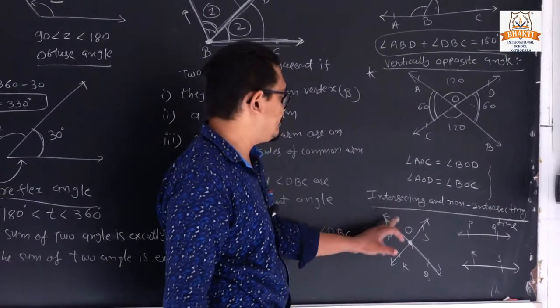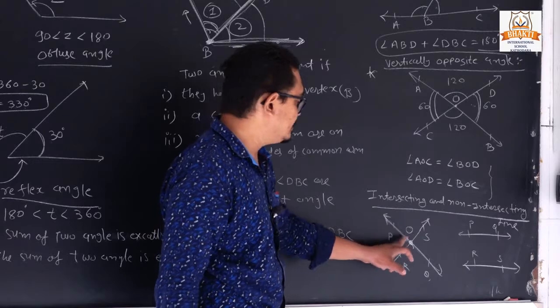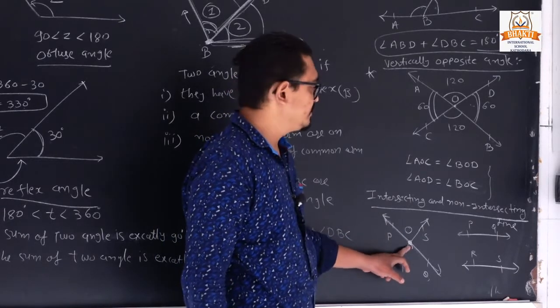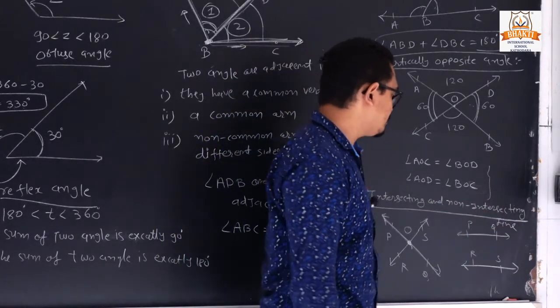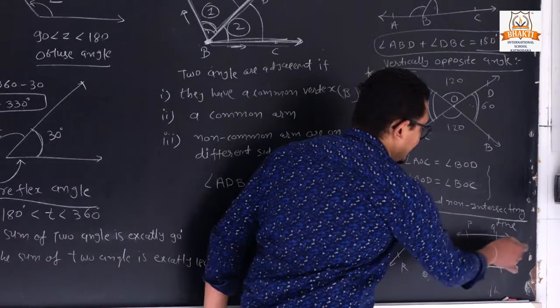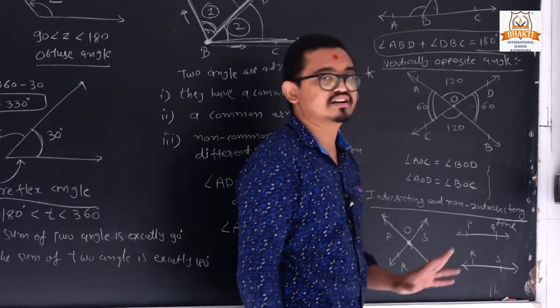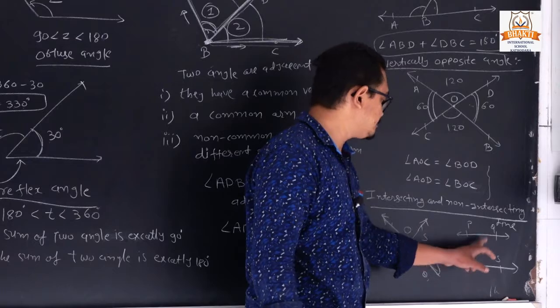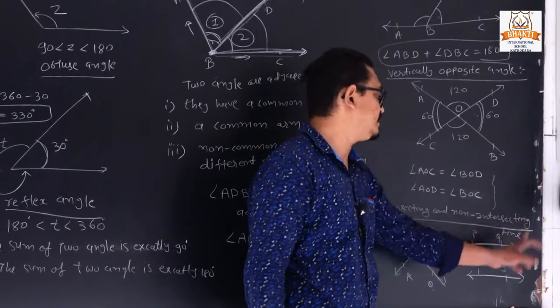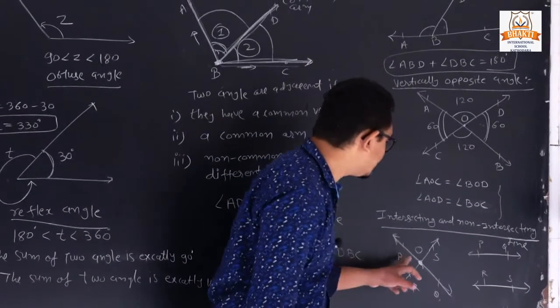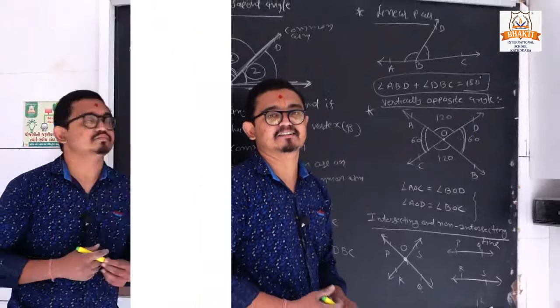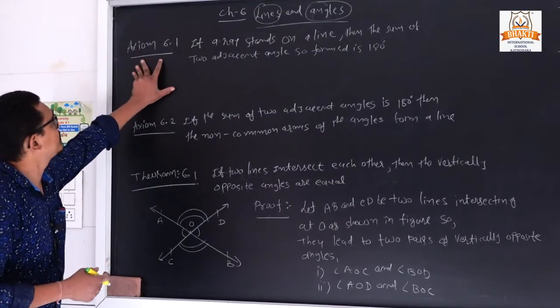Intersecting lines have one intersecting point, while non-intersecting lines do not cut each other. They haven't any common point. Clear? So these both lines are known as non-intersecting lines, and this is known as the intersecting line.